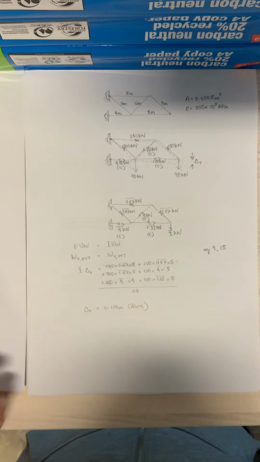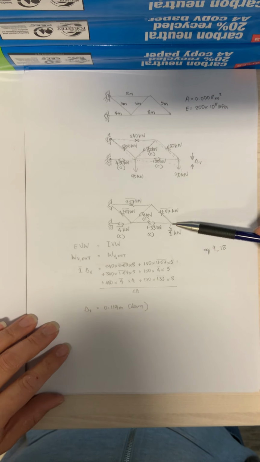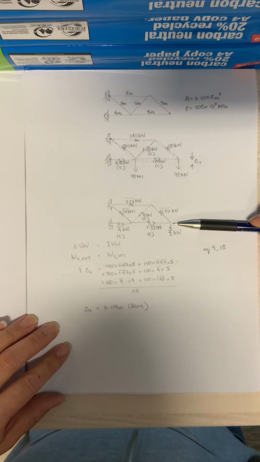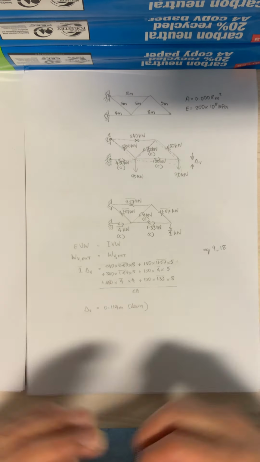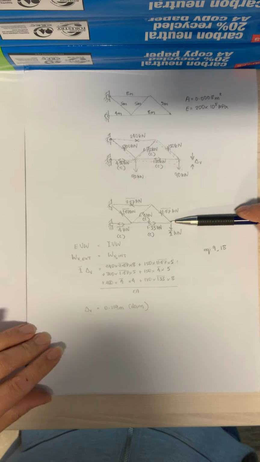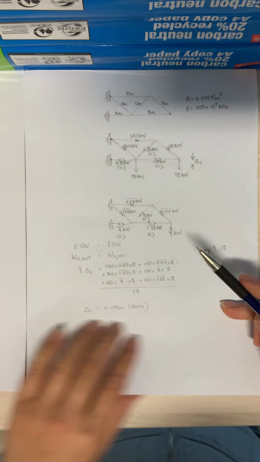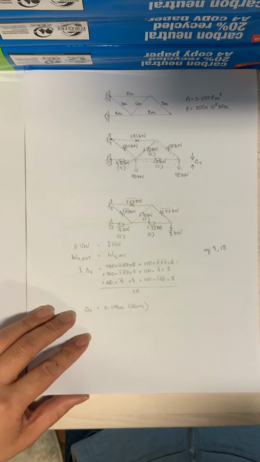The external virtual work is going to be equal to the virtual force, sometimes called the imaginary or dummy force, whatever force you've applied to the system, multiplied by the deflection. This is the deflection that we want to calculate.